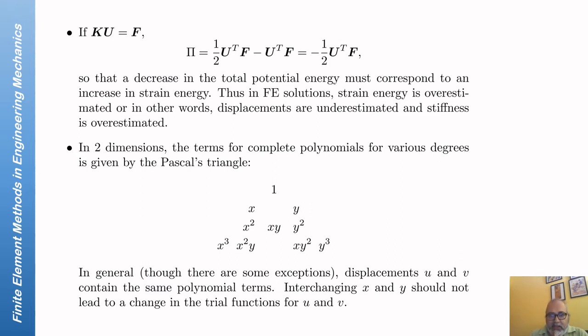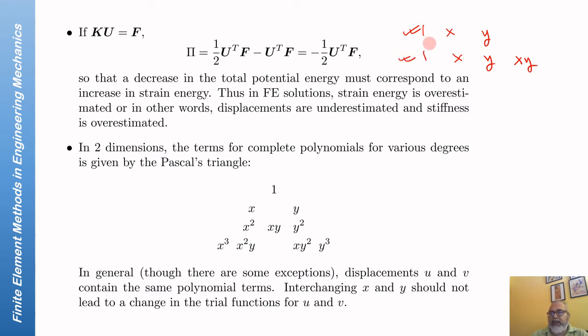Okay. The next point is what kind of polynomials do we use as trial functions? We have already seen we use 1, x, y for the three-noded triangle. We use 1, x, y, xy for the four-noded quadrilateral. Now, there is a difference between these two choices.